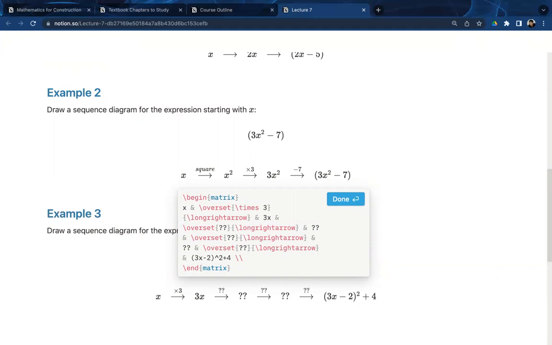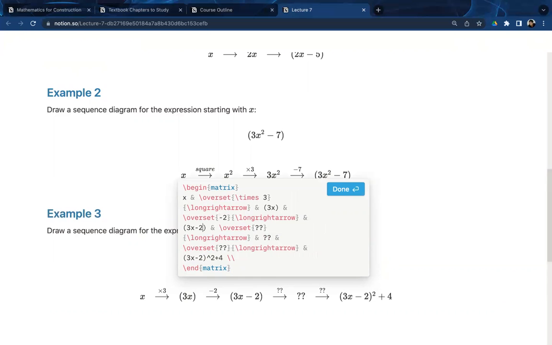I'll get 3x, okay? And I could put brackets around it, but just to keep it in order, right? I need to subtract 2 after. So I got 3x minus 2. I need to square after that.